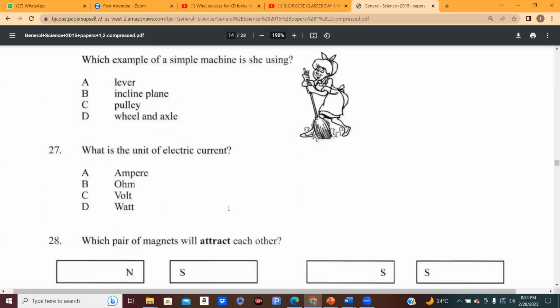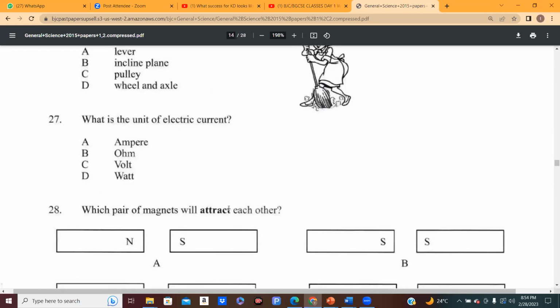Then we have number 27. It's going to be for Karen. What is the unit of electric current? Is it ampere, ohm, volt, or watt? Volt. Say it again. Is it volt?